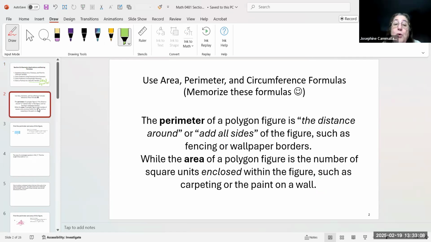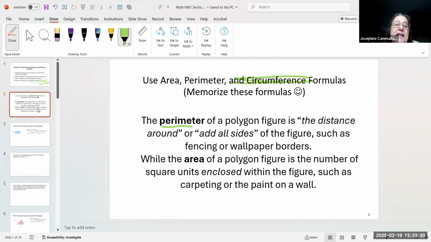These particular formulas you should know very well, and we're not going to talk about the circumference formula, but you may find it in one or two questions within the homework. And circumference is basically a perimeter of a circle, distance around.